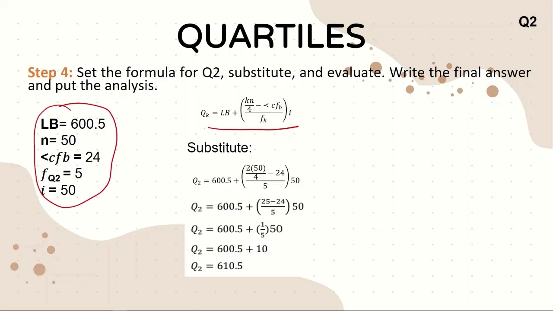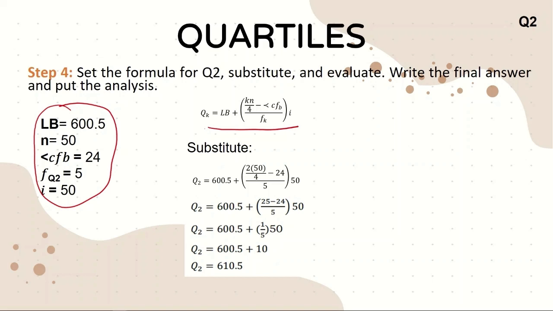So the lower boundary is 600.5, and since k is 2 for the second quartile, the total frequency is 50 over 4, minus the cumulative frequency before this second quartile position, which is 24, divided by the frequency of the second quartile position, which is 5, times the class interval, which is 50.